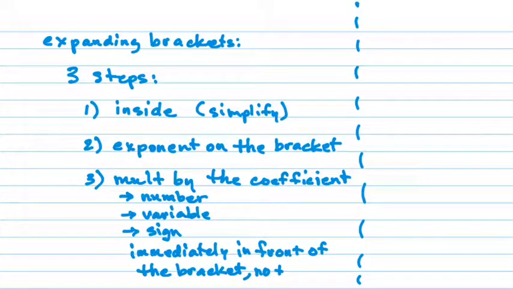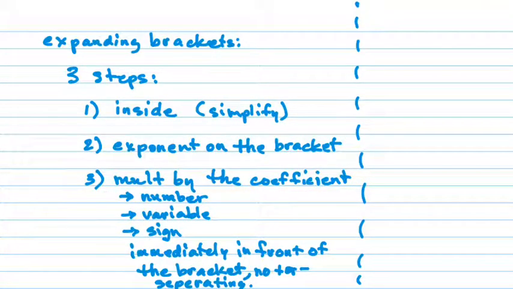No plus or minus separating. Now, if you do have a plus, that plus actually becomes the coefficient. We'll talk about that. If you have a minus, that minus becomes a coefficient. But if you have something like 3 plus the bracket, the 3 has nothing to do with the bracket at all. Okay?